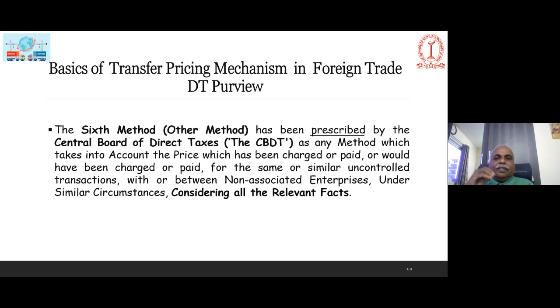The CBDT has prescribed the 6th method, other method. What are the different methods? We will discuss later on.